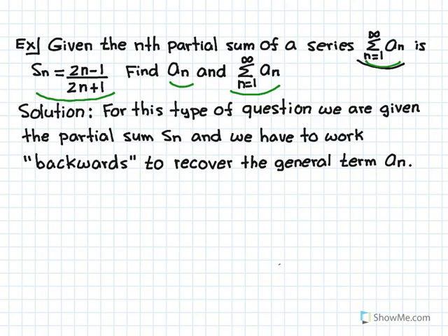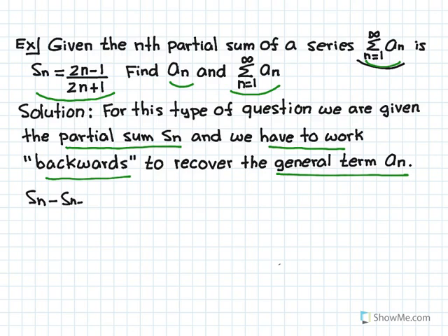For this type of question, we're given the partial sum Sn, and we have to work backwards to recover the general term an. So the general term an is simply Sn minus Sn minus 1.